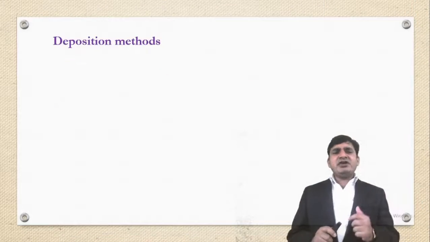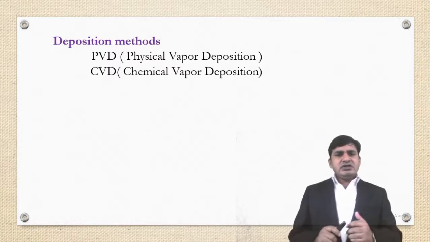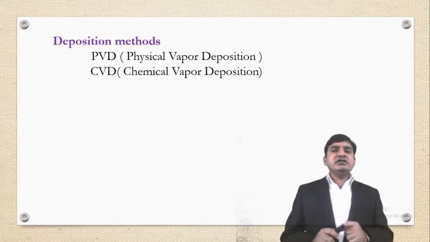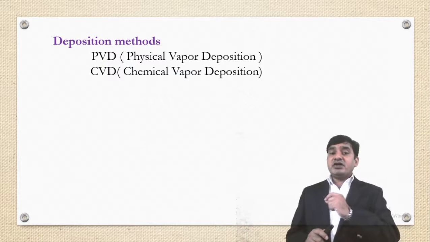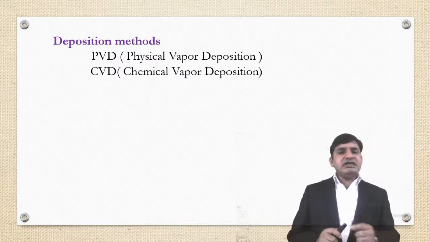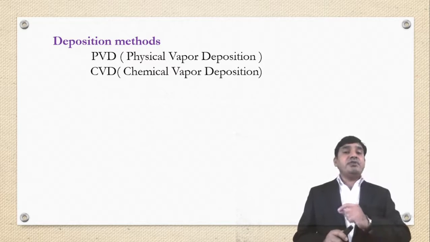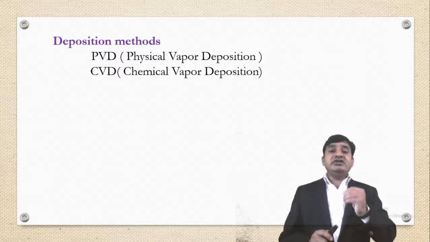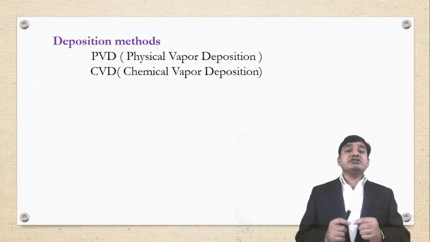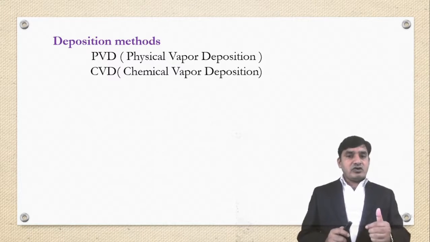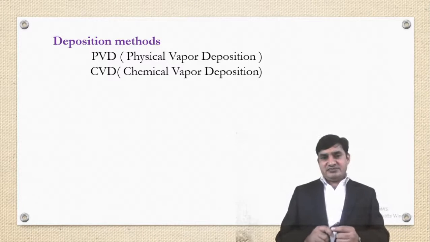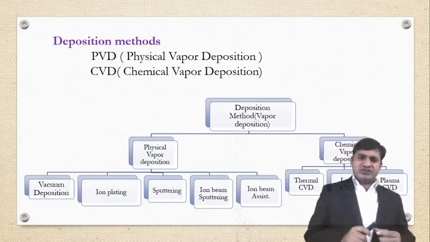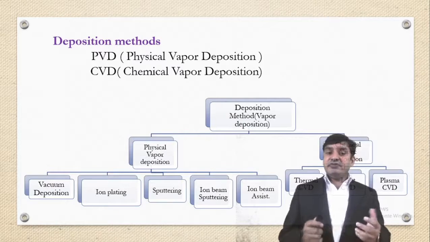Generally, there are two deposition methods. First is physical vapor deposition and second is chemical vapor deposition. The vapor is deposited on a substrate to form a thin film. Physical vapor deposition has different types.